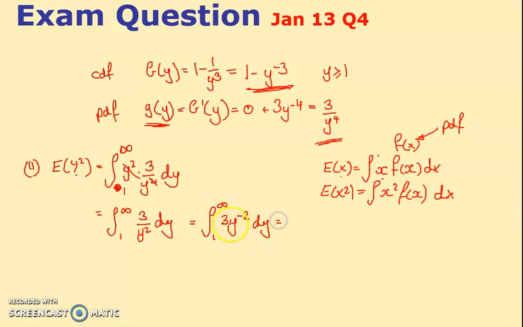Now, if I integrate 3y to the minus 2, I add a power, which is actually 3y to the minus 1 divided by minus 1, which is minus 3 over y. Notice the numbers you've got to put in are 1 to infinity. Now if I put a massive number into this, 3 divided by a massive number is going to be 0. At 1, minus 3 divided by that 1, I reckon that gives me an answer of 3.